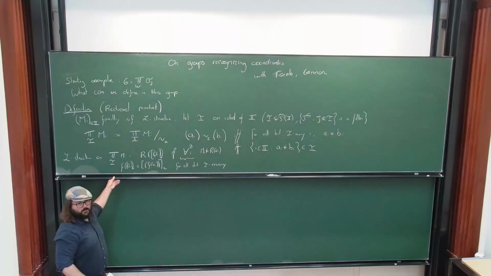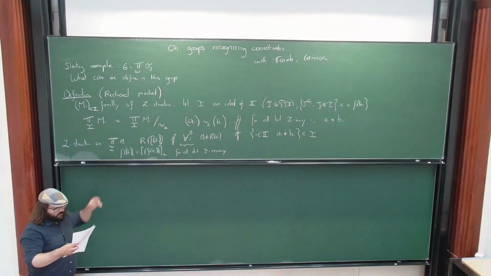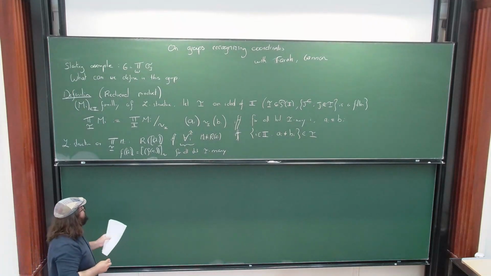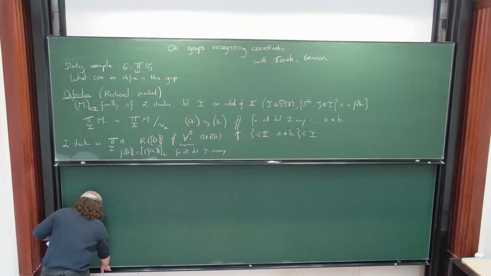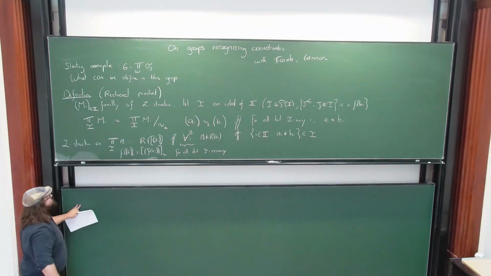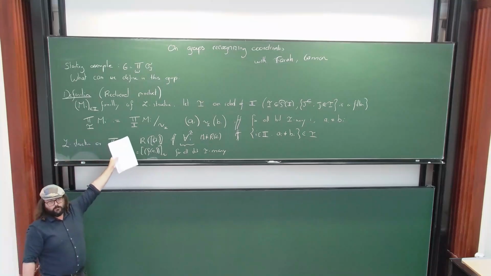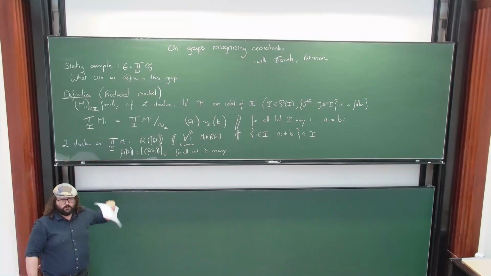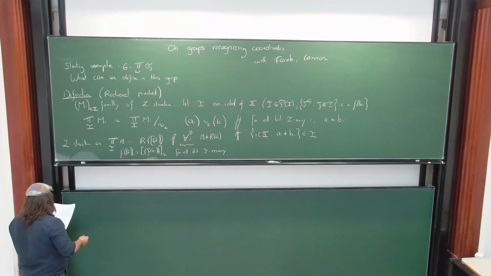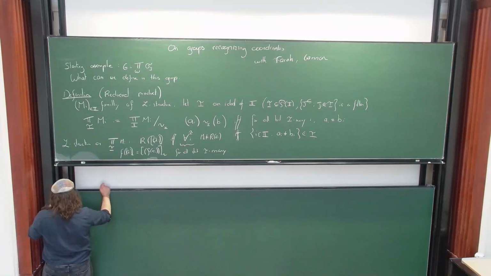Okay, so that's the definition of reduced products. And what do I mean by set of supports? It's clear what a coordinate is in a traditional product, but what does a coordinate mean in a reduced product? For that, you need to consider a quotient of the Boolean algebra.